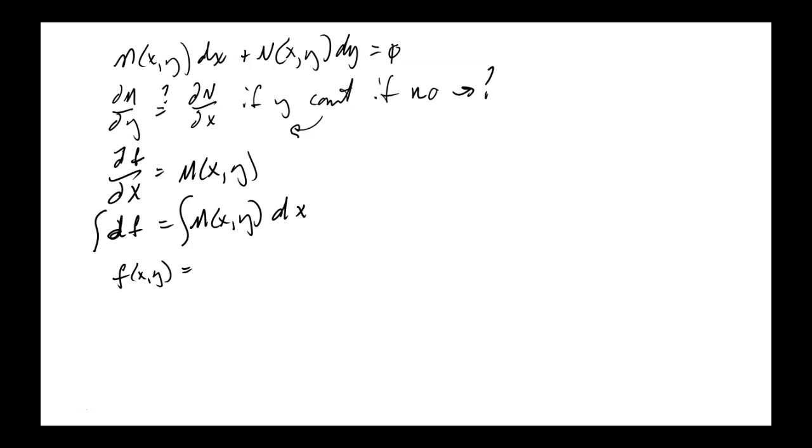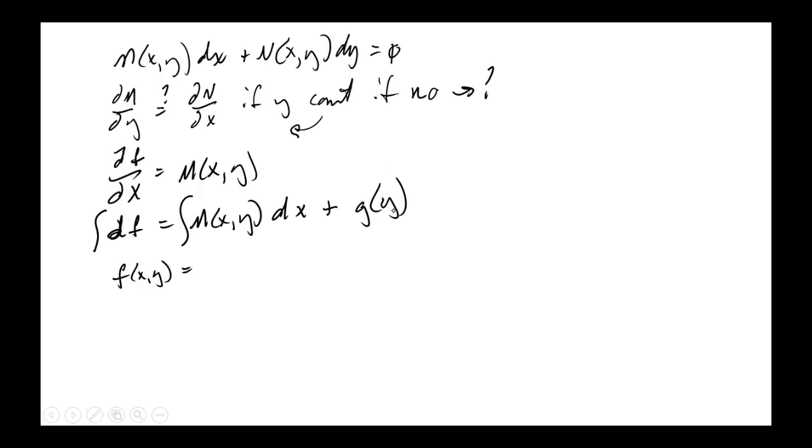Now, when you do that, normally, because this is an indefinite integral, you would put a plus C, except now it's not a C. It's some function of y. So we put g(y). We don't know what it is, but we just put down some g(y). Because, you see, the y's are all counted as constants, so we can't eliminate them. It can have constants in it, perfectly fine, and it may itself be only a constant, but we have to consider that it might have a y in it.